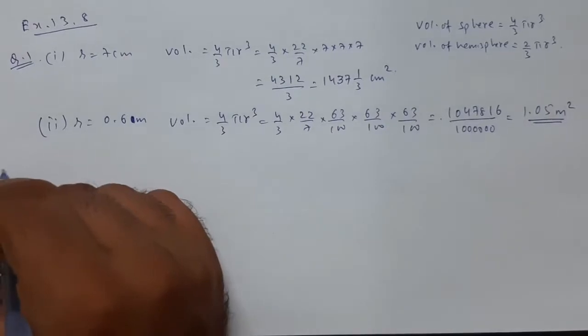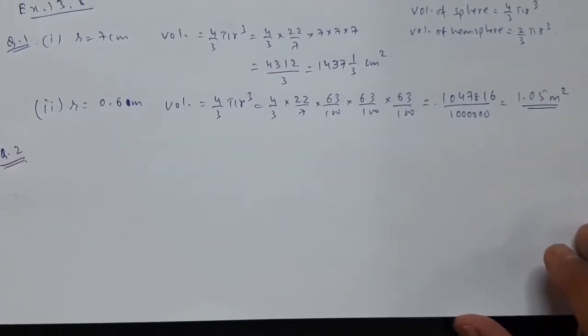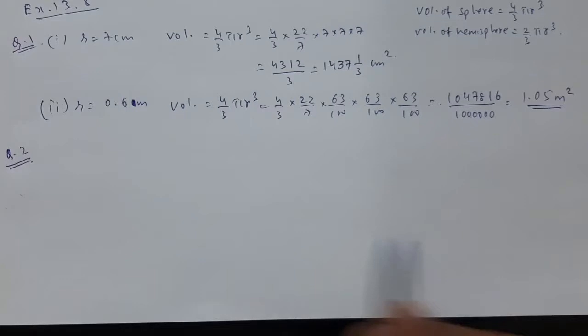So next, question number 2. In question number 2, find the amount of water displaced by solid spherical ball of diameter 28 centimeters. So volume of water displaced, again Archimedes principle.